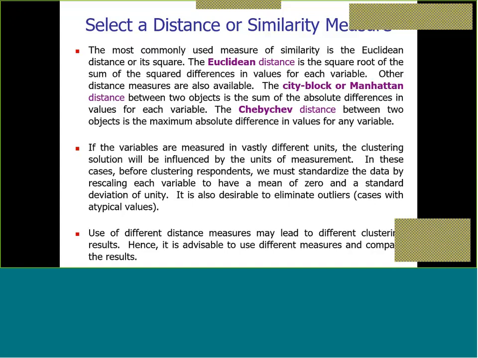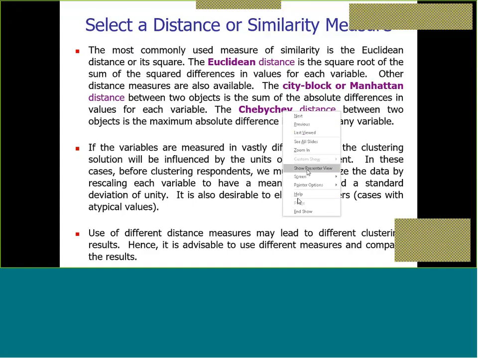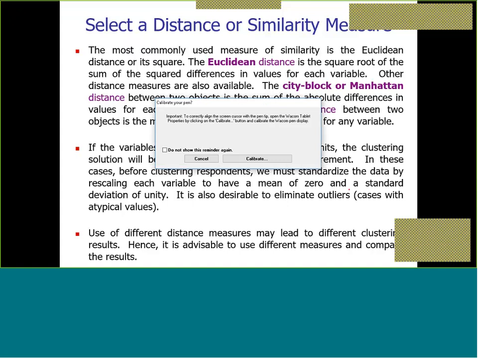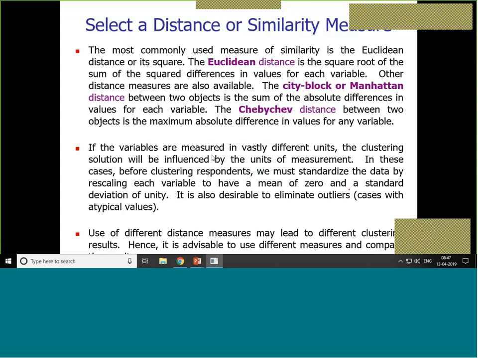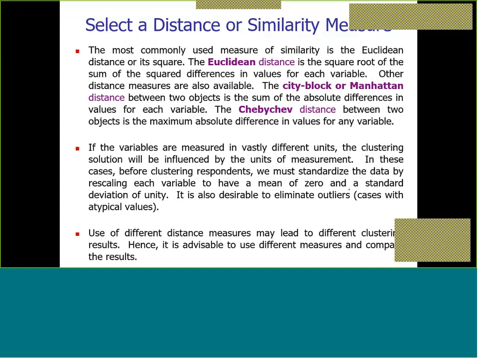For example, if you have points like this, 1, 2, 3 and 4, 5, 6.